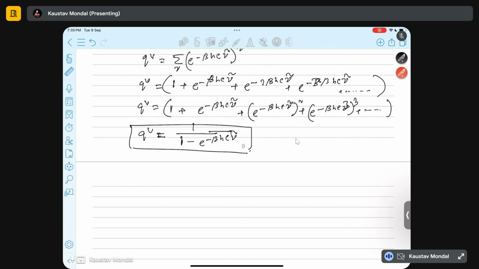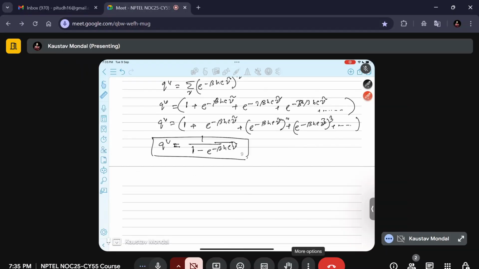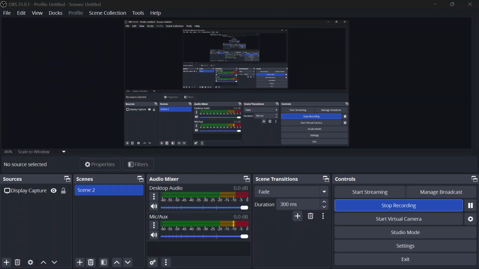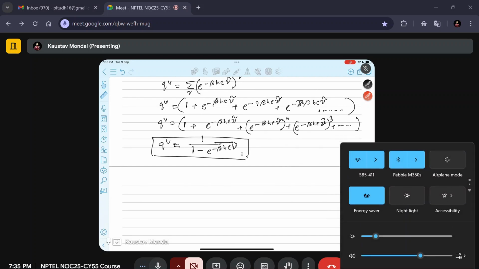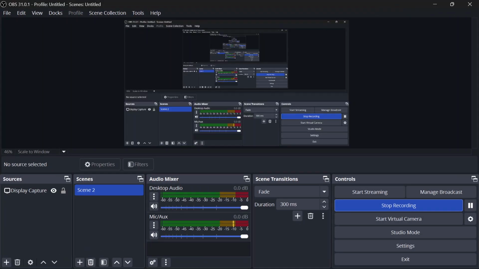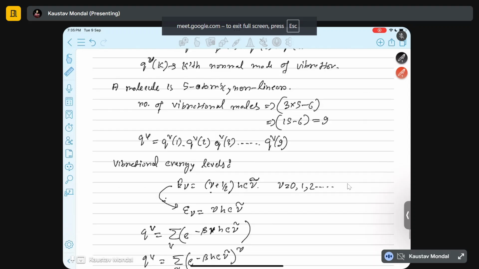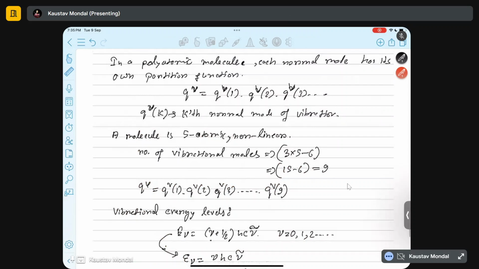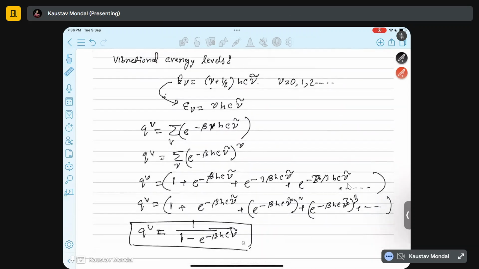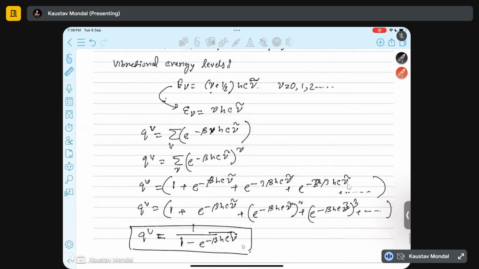Okay. So now we have got the expression of the vibrational partition function.